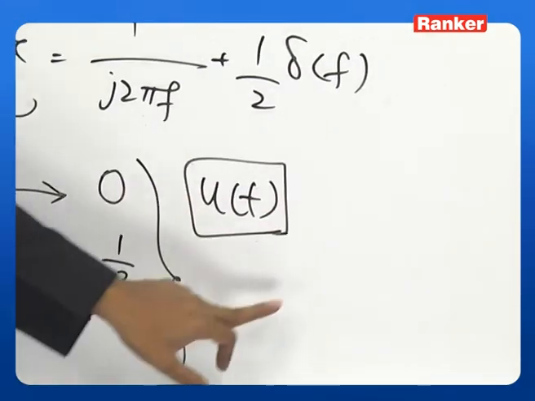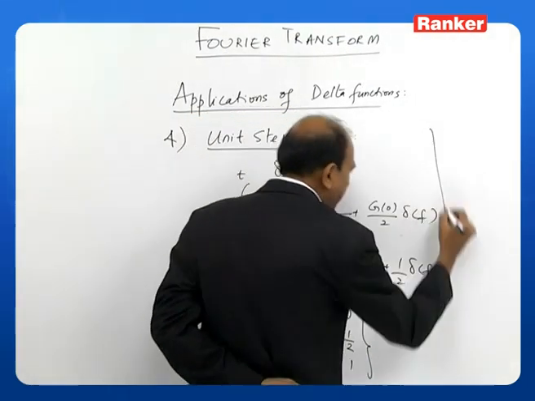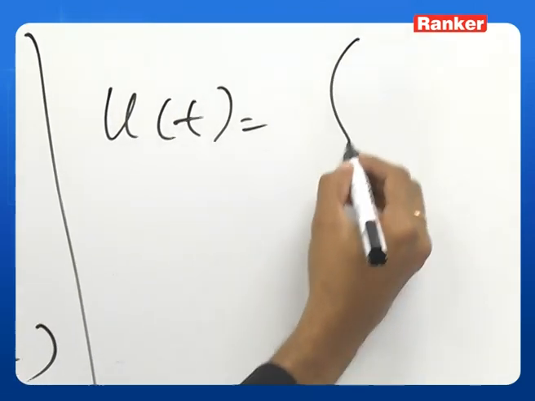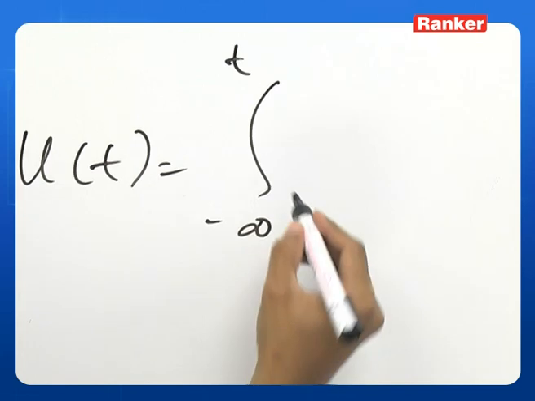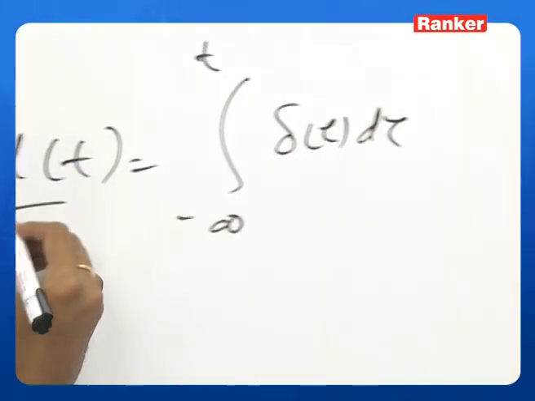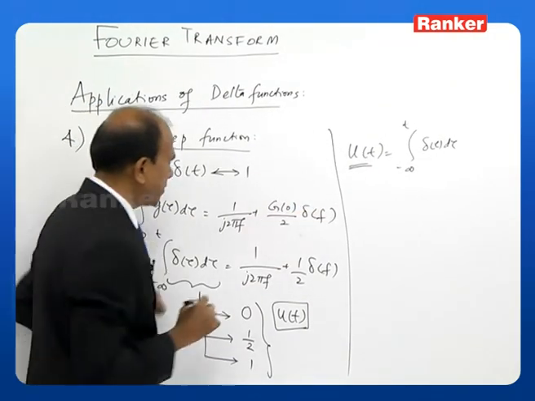So, the unit step function is this. Now, what is u of t for us then? U of t is nothing but the integral from minus infinity to t of delta of tau d tau, which will give me a unit step function. So, let us write this here. What is the unit step function now?